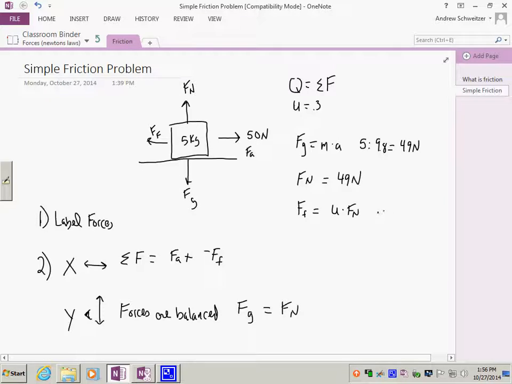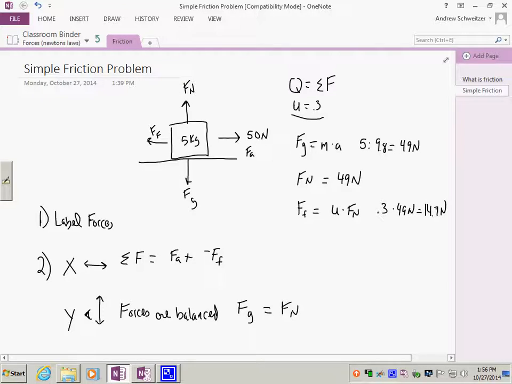The force of friction is 0.3, as provided by the problem, times the force normal, which is 49 newtons. 0.3 times 49 newtons is 14.7 newtons of frictional force.